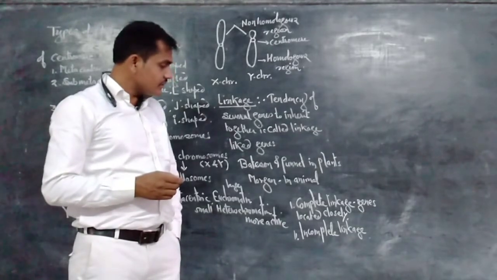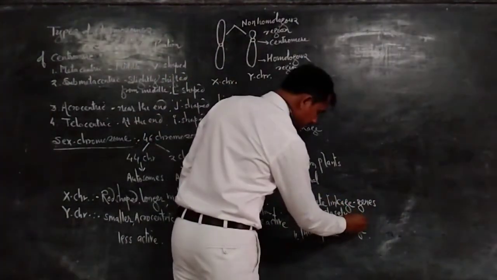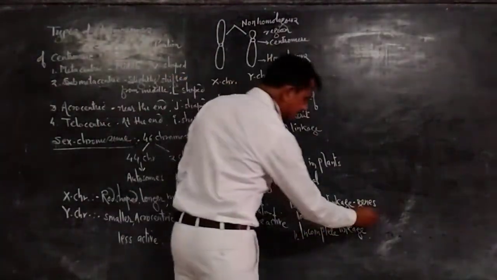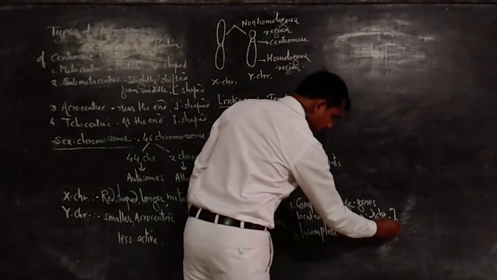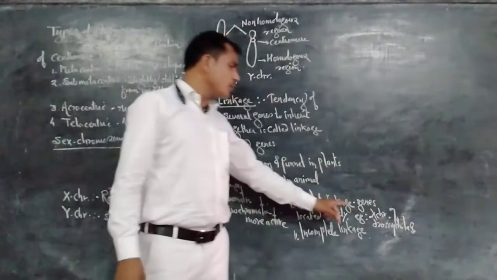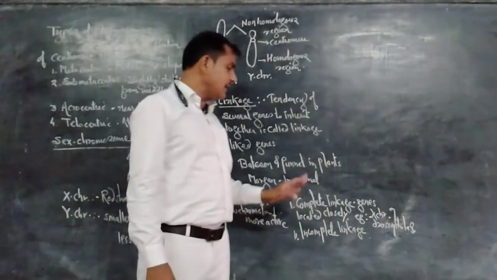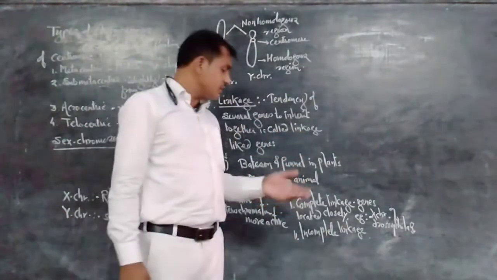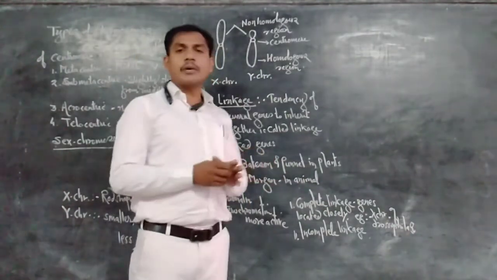An example of complete linkage is the genes located on the X chromosome of male Drosophila. In incomplete linkage, the linked genes are located widely, far away from each other on the chromosome.